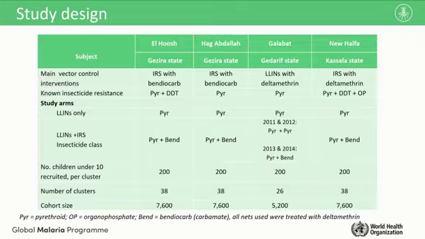And again, as Tessa mentioned earlier, in 3 locations, this was bendiocarb as the active ingredient, and in Galabat there was a switch from pyrethroid to bendiocarb in 2012 to 2013. In each of the 140 study clusters, 200 children under 10 were followed. So we have a cohort size of around 7,500 across each of our study locations.